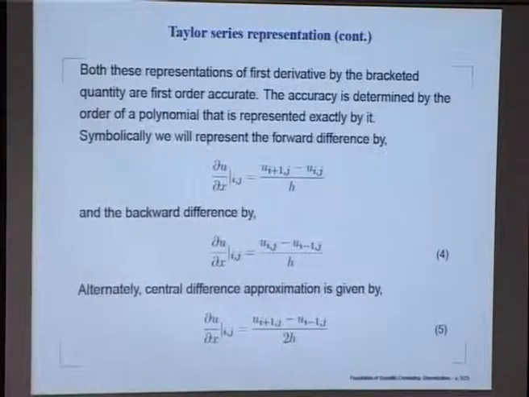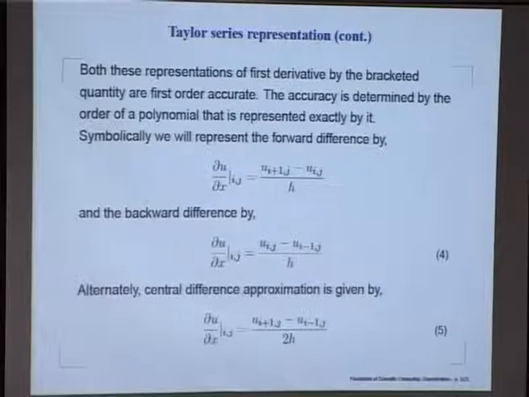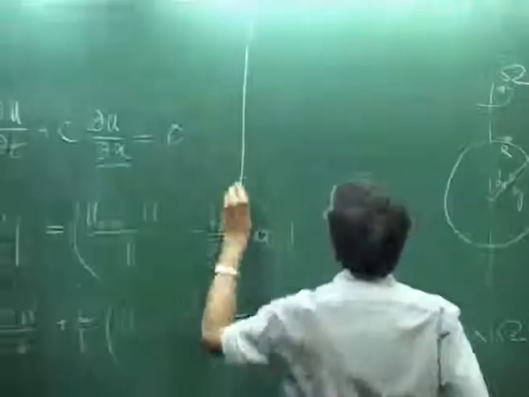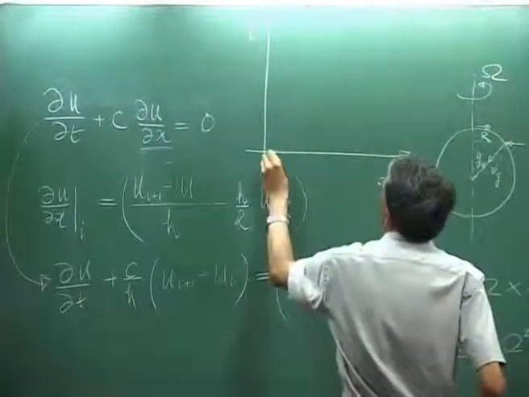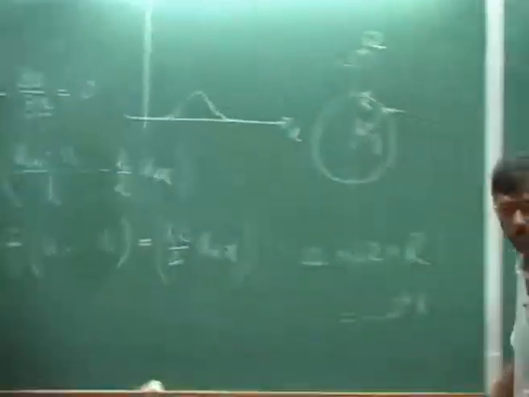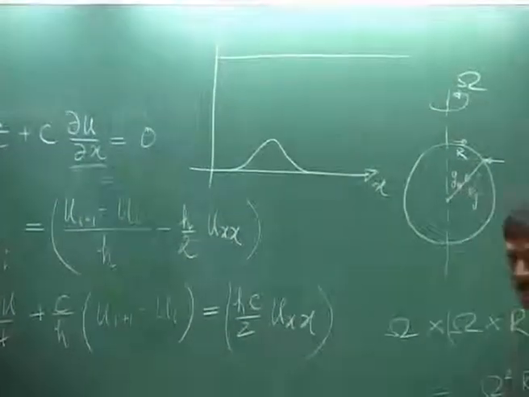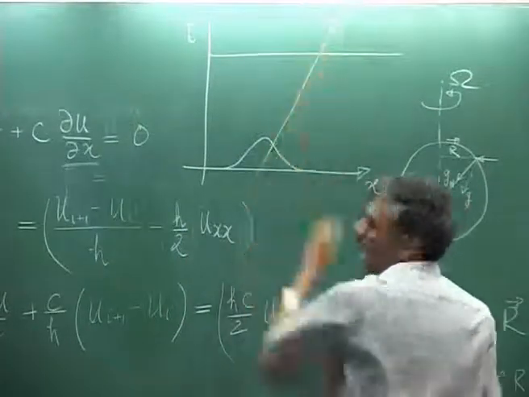Yes. You did not get the point. Okay. The point is, this is your dissipative term. So, what does it do? It dissipates, it reduces the amplitude of the solution. So, if I try to plot the solution in the x t plane, and let us say I give you a solution like this at t equal to 0. At a later time, what do I expect to see? That this should go to the right at a speed c.